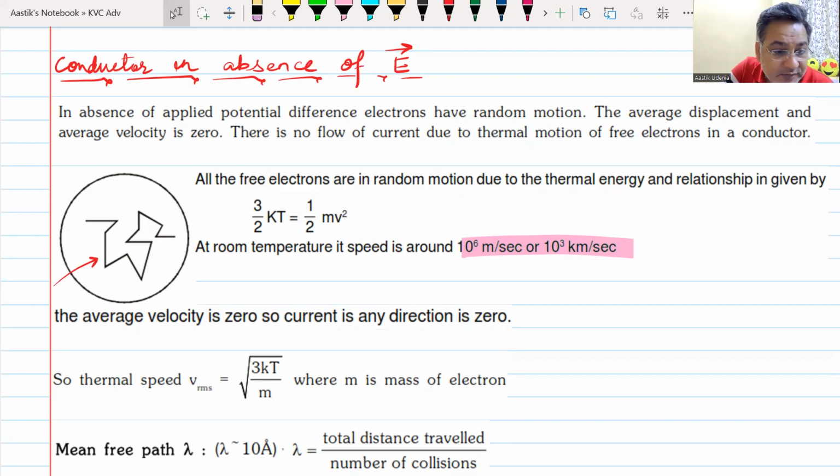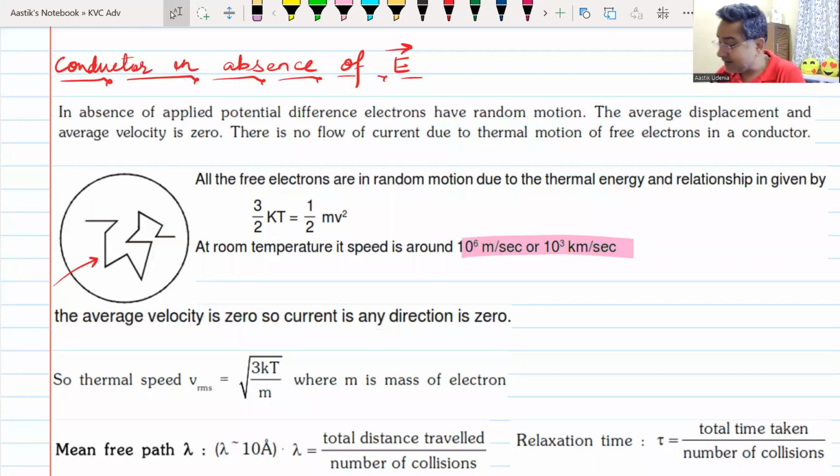Then we have something known as the relaxation time. Relaxation time is the time between two collisions. So these are the two terms that we can understand. In fact, these three terms we can understand from kinetic theory of gases. Do we understand these three terms? Thermal speed is same as your RMS speed of gas molecules.